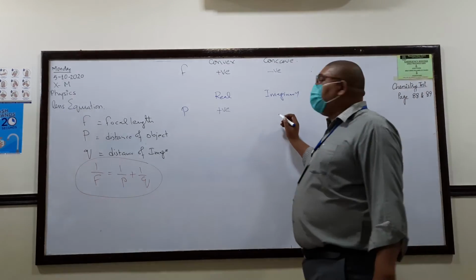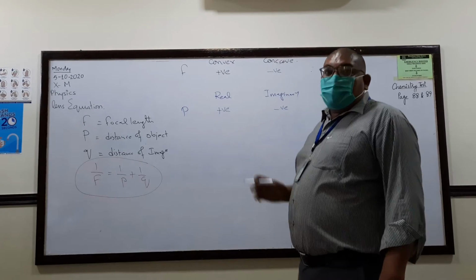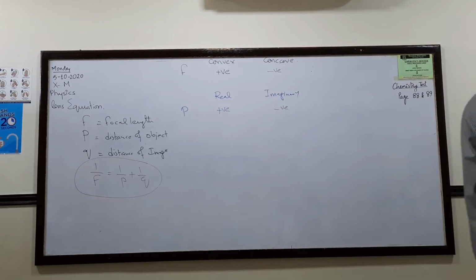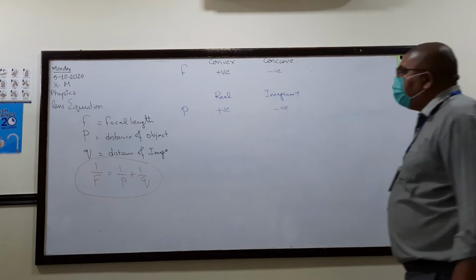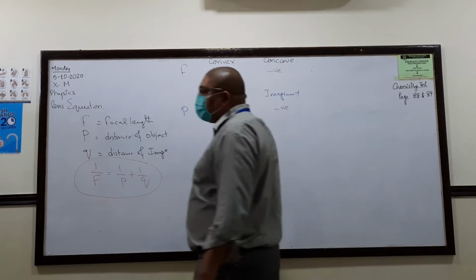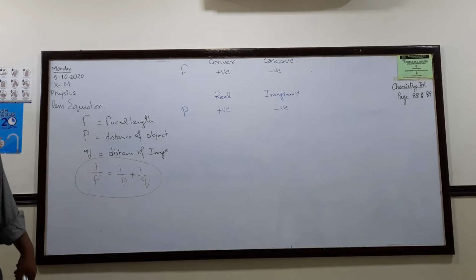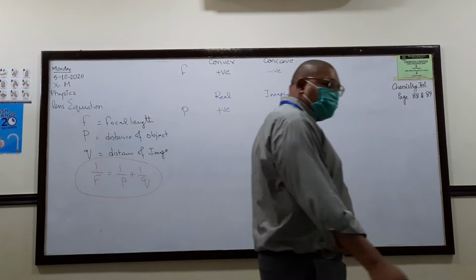the p value will be taken as negative. Luckily, in the numericals which you will solve, never will you find an object which is imaginary. Luckily. So, there will be no problem. The p will be always kind of positive for you.